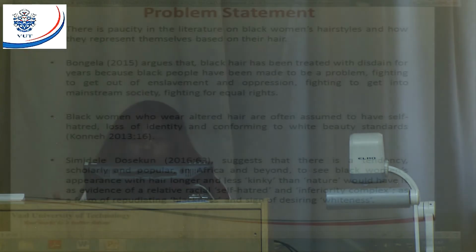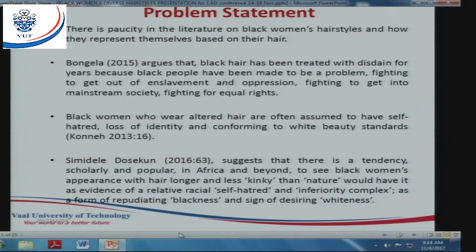Black women who wear altered hairstyles are often assumed to have self-hatred, loss of identity, and to be conforming to white beauty standards. Simidela shares the same sentiment and suggests that there is a tendency in scholarly and popular thought in Africa and beyond to see black women with long hair, with lighter skin, as having self-hatred, low self-esteem, and desiring to be white.